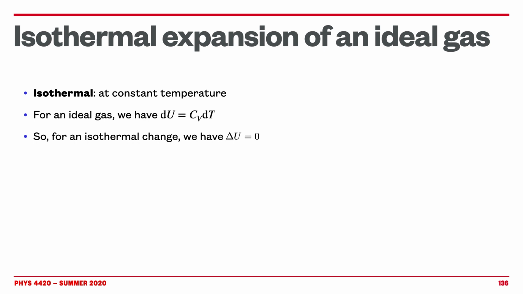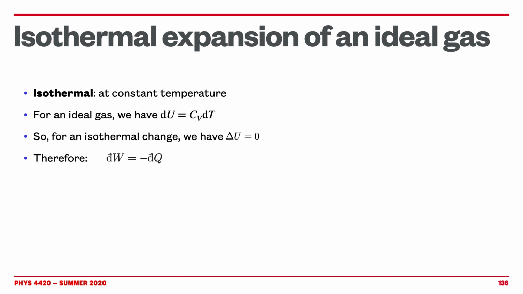The first law of thermodynamics is dU equals dQ plus dW. In other words, if dU is equal to 0, that means that the change in work, so basically the work that's performed on the system, for positive work, is equal to minus the heat that's provided to the system.